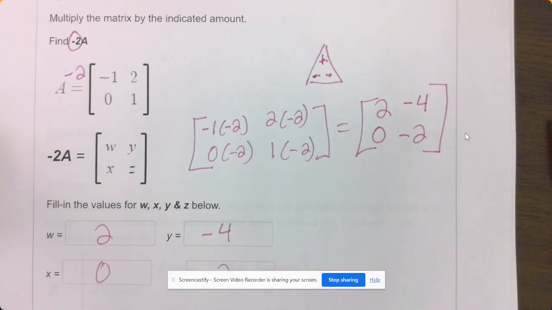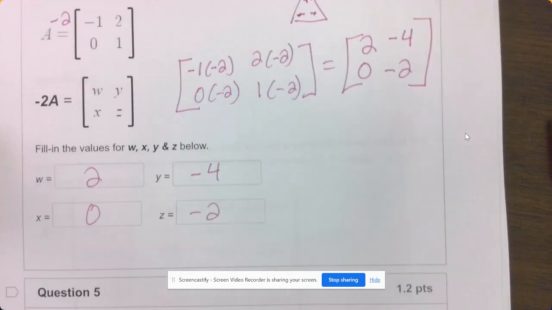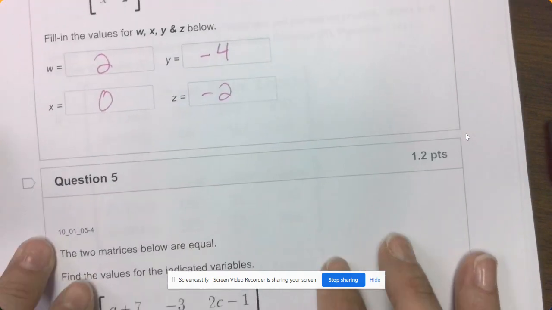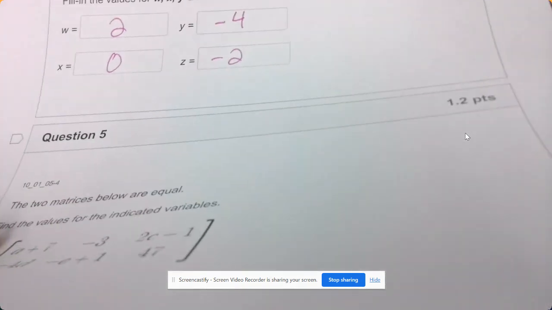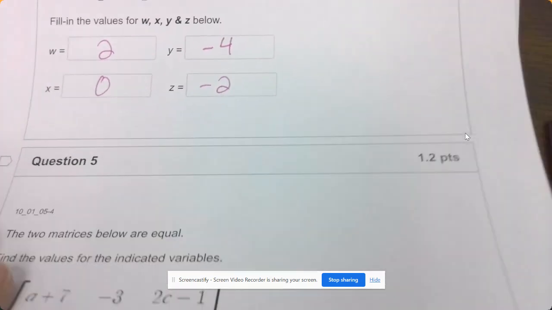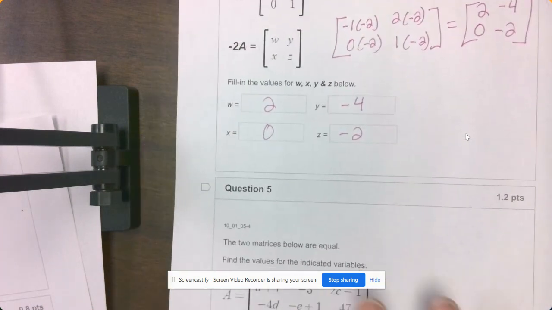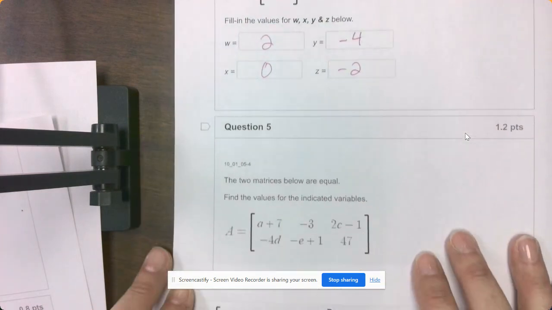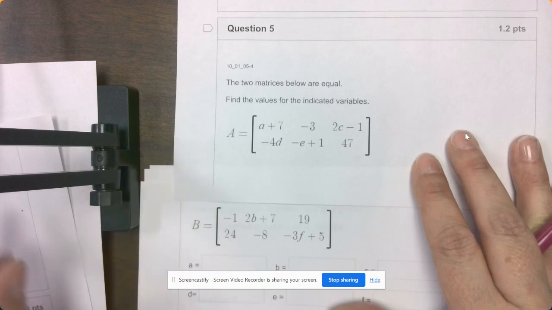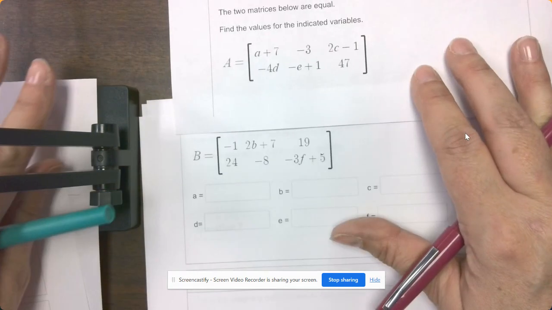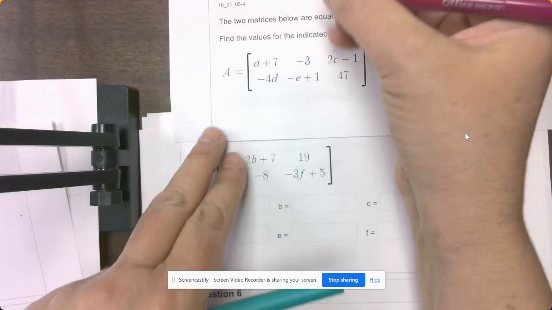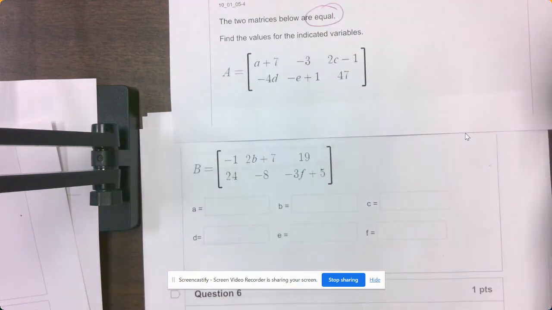Okay, for this one, it says the matrices below are equal. Find the values. I have to show both. Okay, they're equal, so it means we can set them equal to each other.